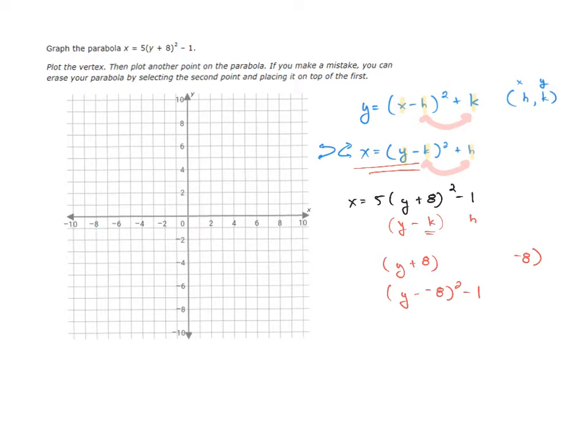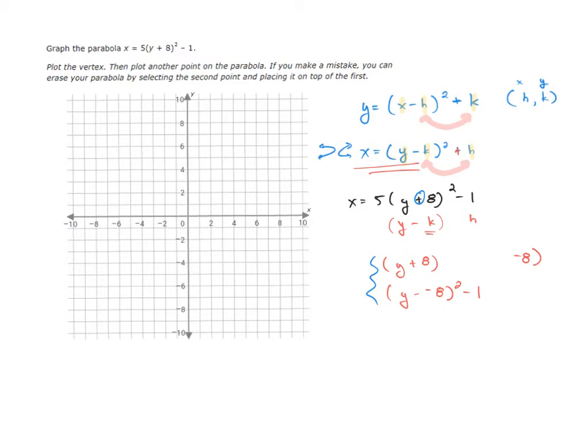So a lot of times when you see this positive inside the parentheses, right away it's signaling to you that it's not a positive 8, it's a negative 8. You don't have to go through all this, but it's helpful to understand. And then my h, which again was, I believe this is y minus k, plus h.